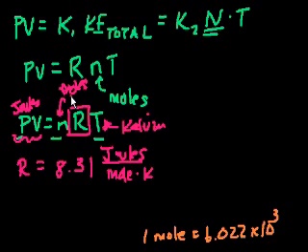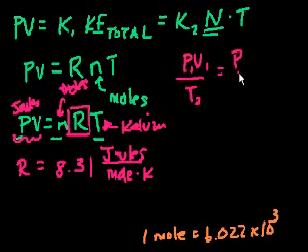And honestly, if you just memorize 2 things in all of thermodynamics, you'll probably be able to do 95% of problems. But you should have the intuition of how they work. Just remember that PV over T is equal to a constant, or that if you change them, they relate to each other: P1 times V1 divided by T1 is equal to P2 times V2 divided by T2.